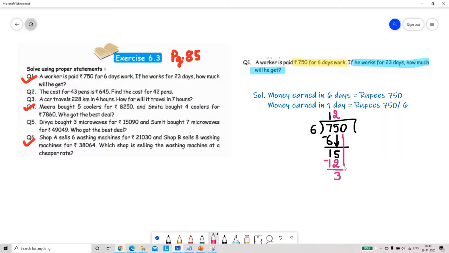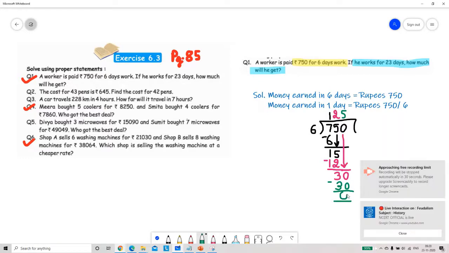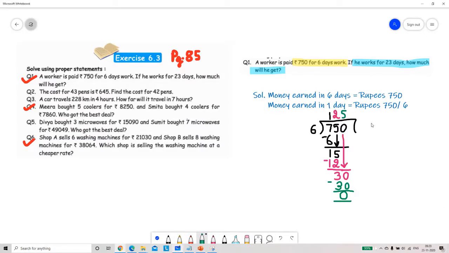Now we will bring down 0. So now our number is 30. Does 30 come in the table of 6? Yes. 6 multiplied by 5 is 30. So what is our answer? Our answer is the quotient. The quotient is rupees 125. So we will write here rupees 125.